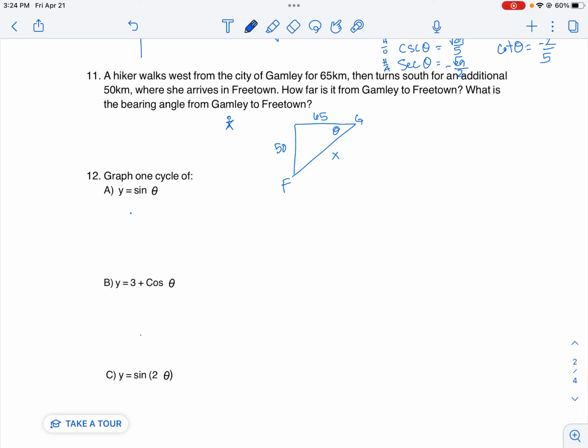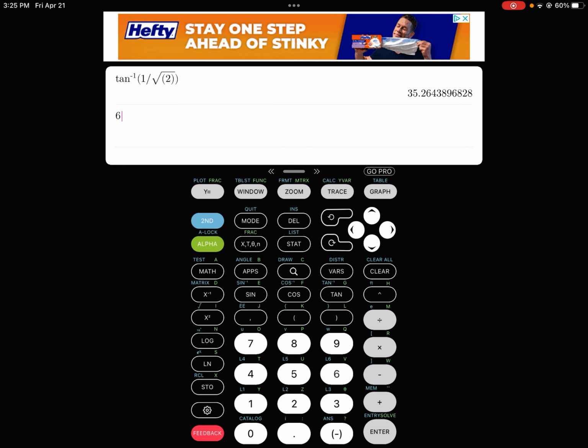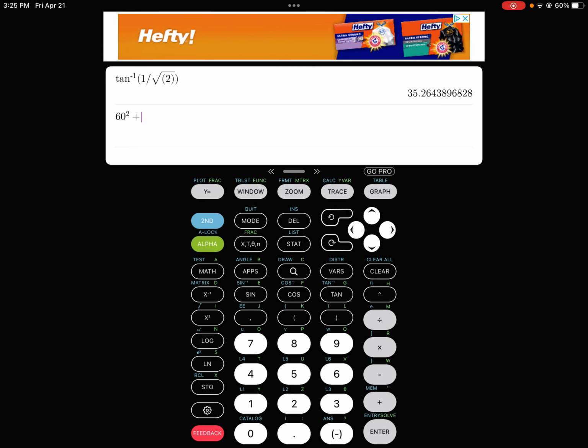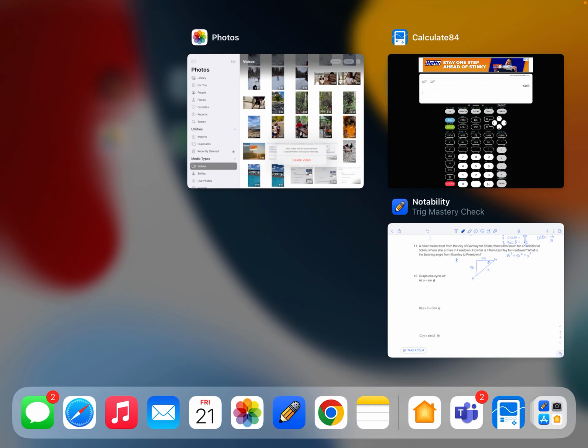There's our theta. Okay, so we could do this in a couple of ways. First, let's find the distance from Gamley to Freetown, and then we'll find theta. So I'm going to use the good old Pythagorean theorem. The side squared plus the side squared equals the hypotenuse squared, so 65 squared plus 50 squared equals x squared, which is 6100.